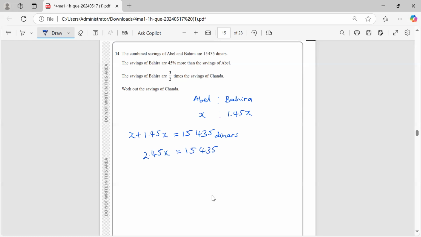Okay, so to get the value of x, I'm going to divide both sides by 2.45, right? x is going to give you, you're going to get 6,300, isn't it? 6,300.